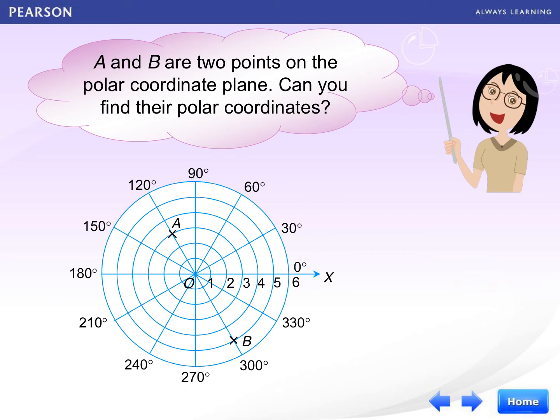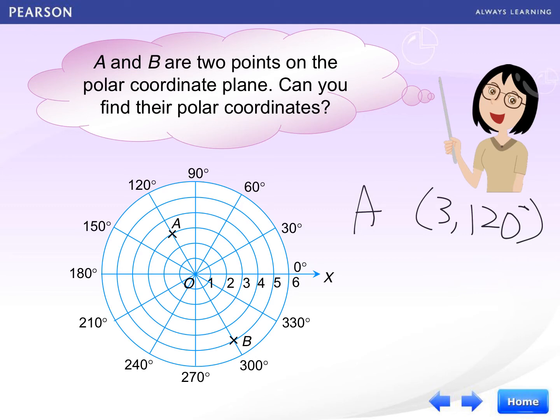Look at this figure. What are the polar coordinates of A and B? For A, the radius vector is 1, 2, 3, which is 3, and the polar angle is 120 degrees. So the polar coordinates of A are (3, 120°).